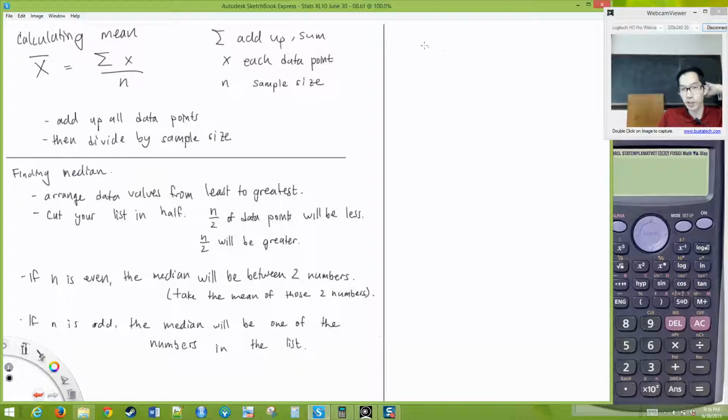And let's say the annual incomes in this restaurant are 45,000, 55,000, 59,000, 65,000, 70,000, 90,000, and $11 million. Okay, so these are our annual incomes.